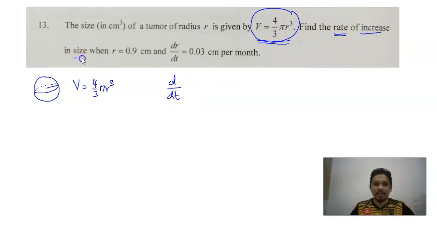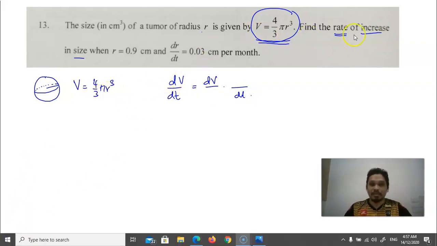Increase in size. The size of the tumor, for this one here, the volume V, the rate is dV/dt. Okay, this is a formula then.